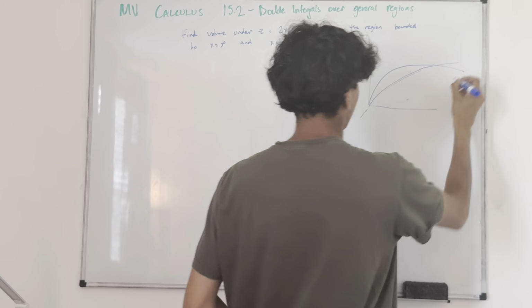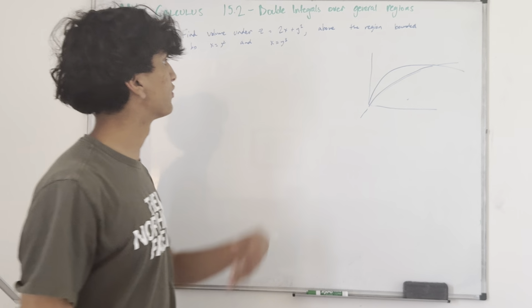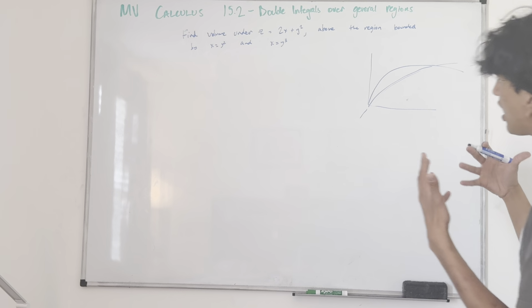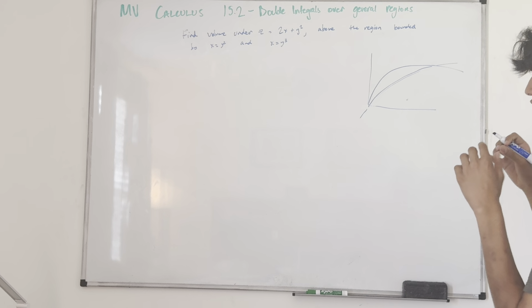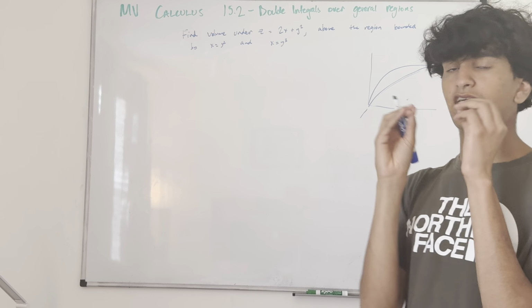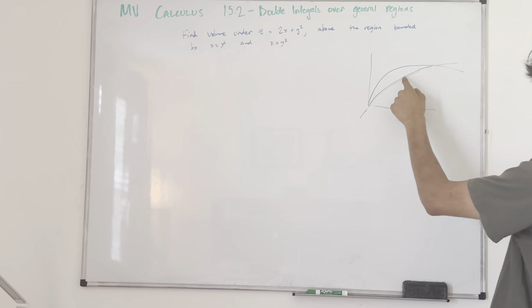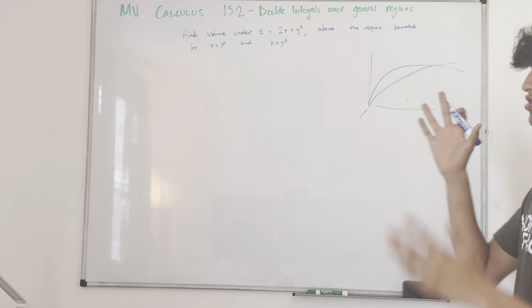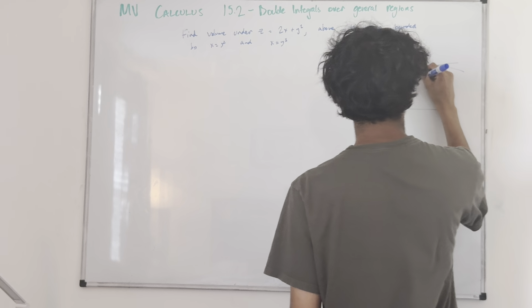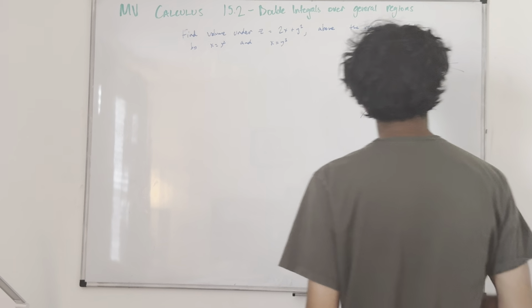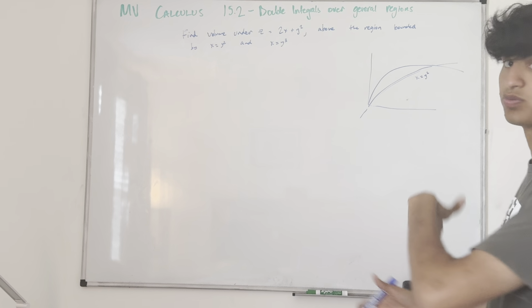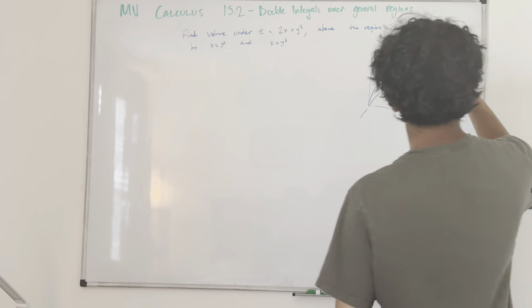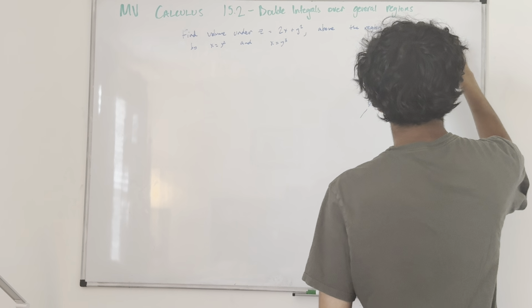I would get something that looks like this, right? Reflected over y equals x. And since the top was y equals x squared, I know the curve to the right is going to be x equals y squared. And the curve to the left, which was previously on the bottom, is x equals y cubed.